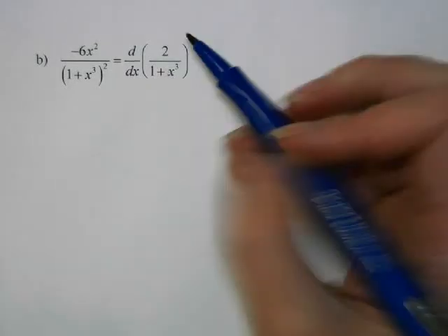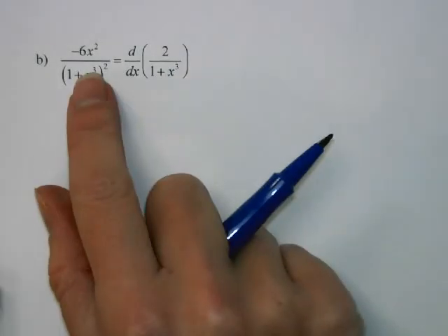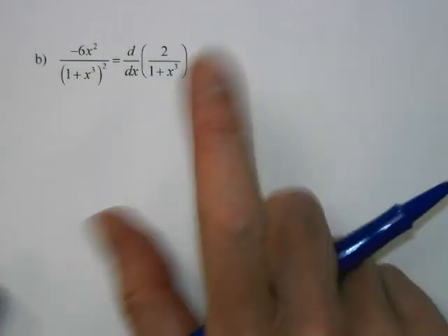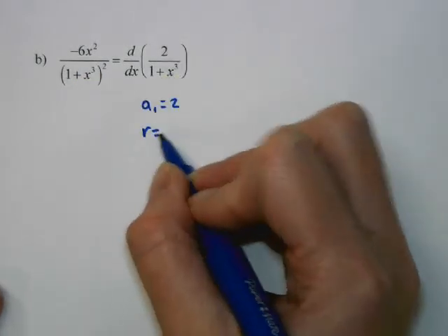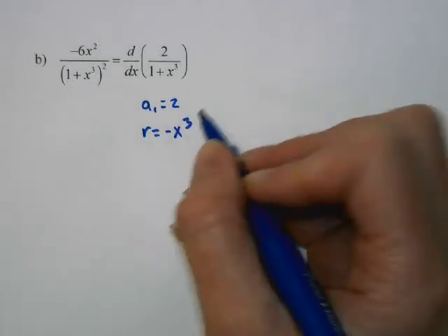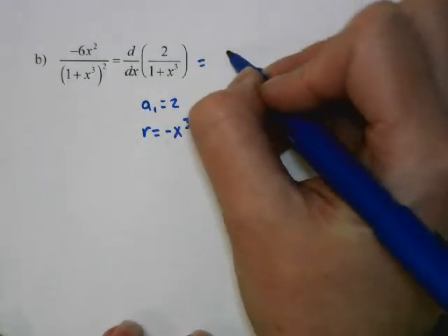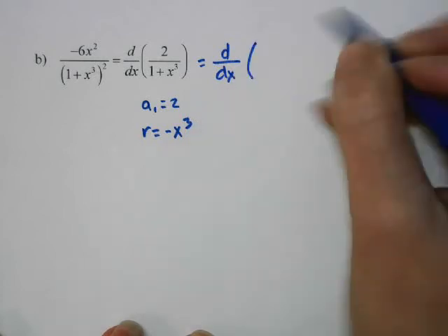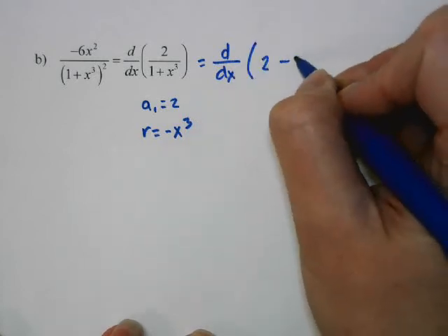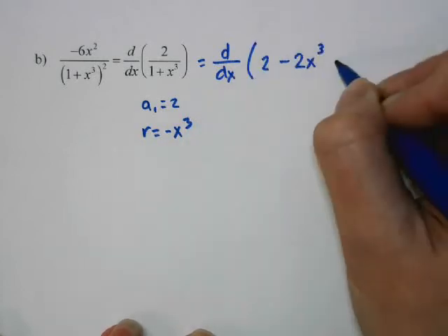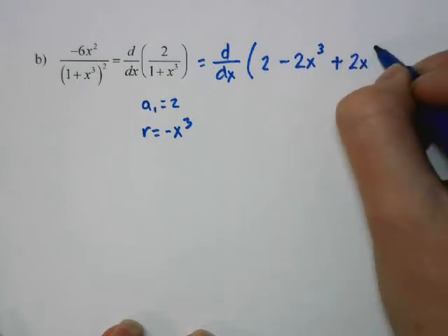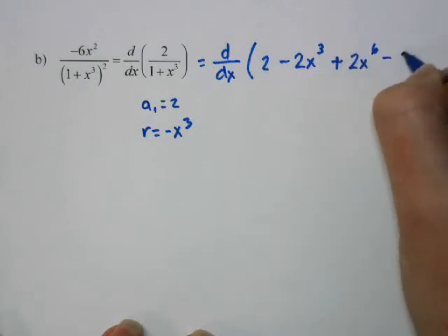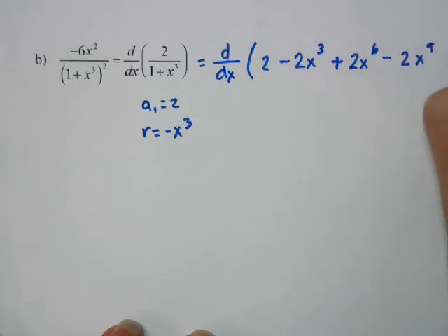All right, same thing here. If I were to take the derivative of this, this is what I would end up with. So I can write a series for this one, because a1 is 2, r is negative x cubed, so we're going to have 2 minus 2x cubed plus 2x to the 6th minus 2x to the 9th. One more.